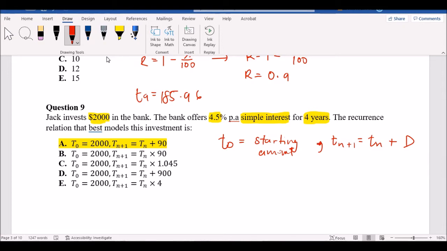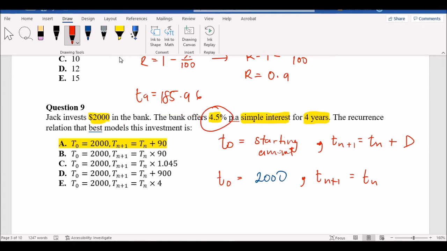So first of all, does anyone want to tell me what's the starting amount here? Let's start with that. 2,000, good. You at least know the starting amount is 2,000. And then you've got Tn plus 1 is equal to Tn. Now, we have to think about the question because it's saying 4.5% simple interest. Remember, that means it's adding or subtracting the same amount. But what you have to do is find 4.5% of the 2,000.